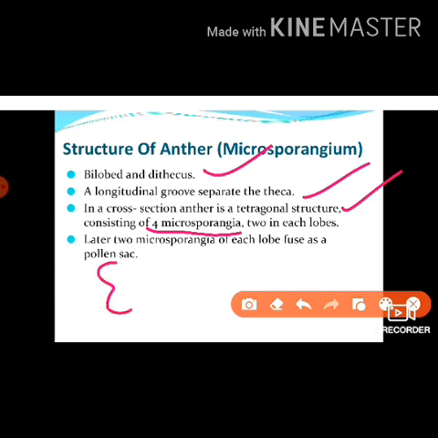If you draw the diagram like this, it contains four microsporangia: 1, 2, 3, 4. Later, the two microsporangia of each lobe fuse, forming the pollen sac. These microsporangia are commonly called pollen sacs, the sac-like structures.